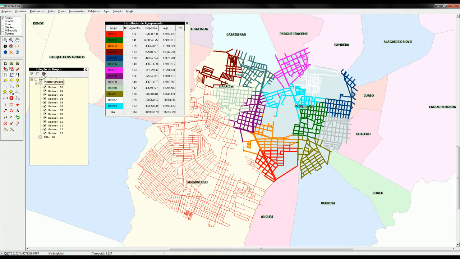This is the division into sectors that will be done by human street sweepers, which can also be edited manually.